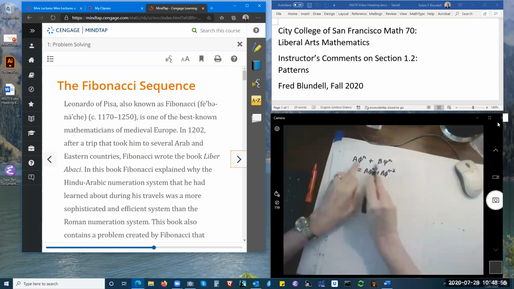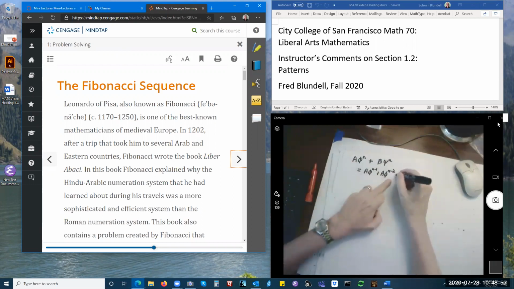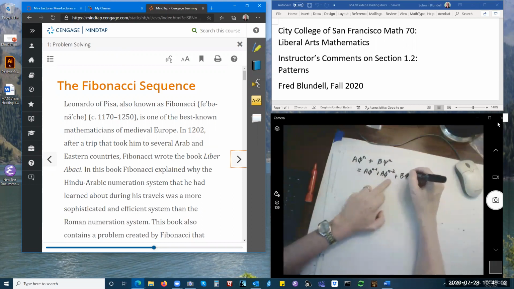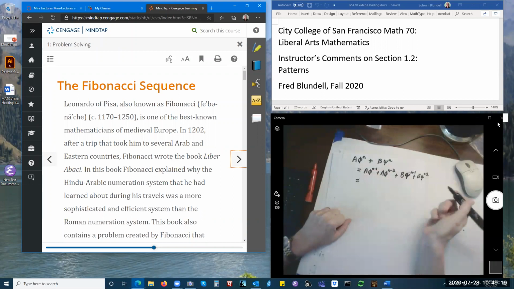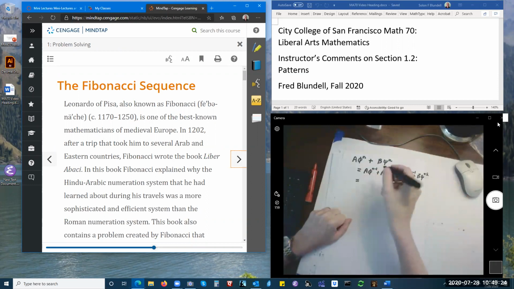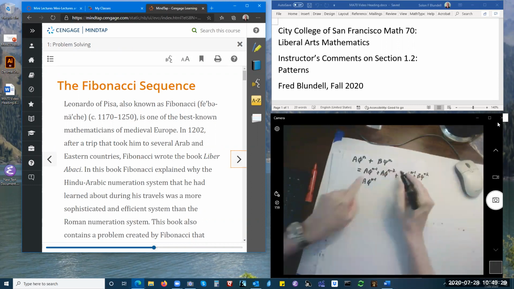See, these will add up to that. And then this one, this is supposed to be a psi. Psi to the n minus 1 plus b, psi to the n minus 2. Those are going to add up to this. So that's still regrouping, putting these together.